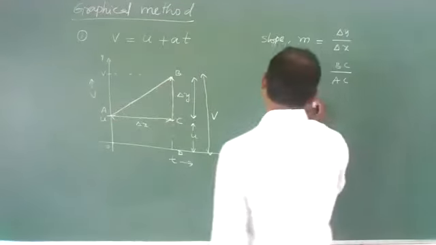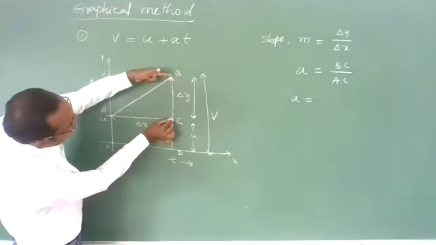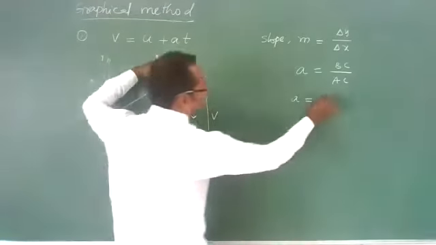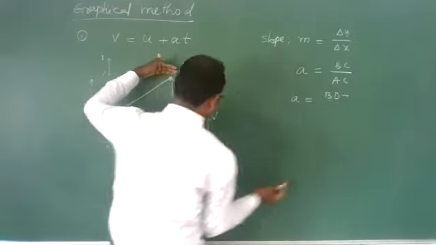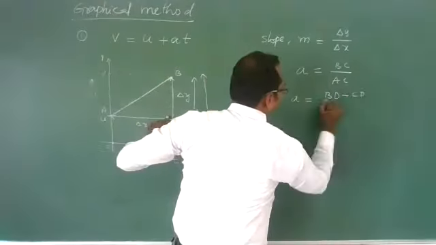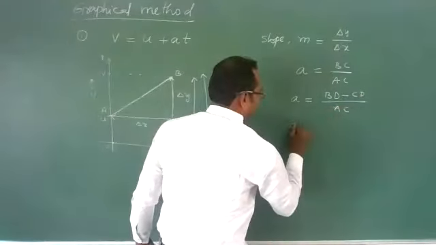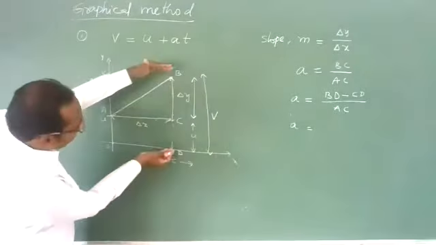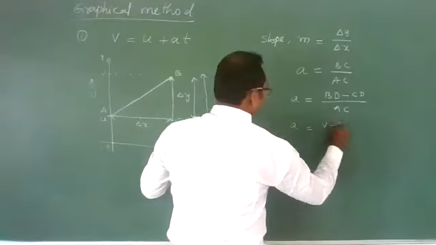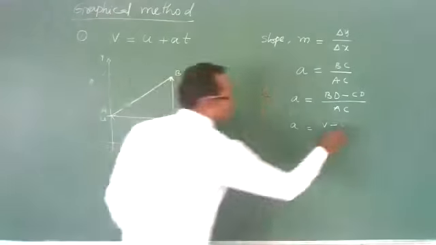So what is BC? We can write BC as BD minus CD, upon AC. BD is the total final velocity v, and CD is the initial velocity u.